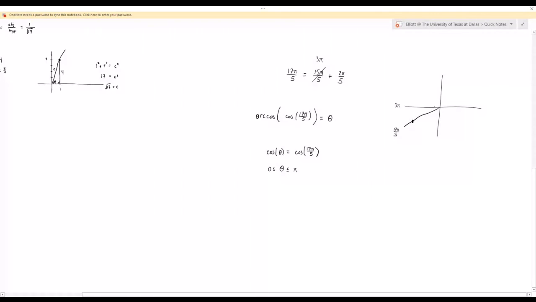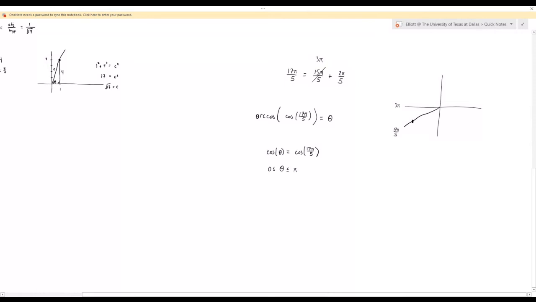Okay, so I know that cosine corresponds to the x-coordinate of a point on the unit circle. So I want to find an angle where the x-coordinate is the same as this point here at 17 pi over 5.